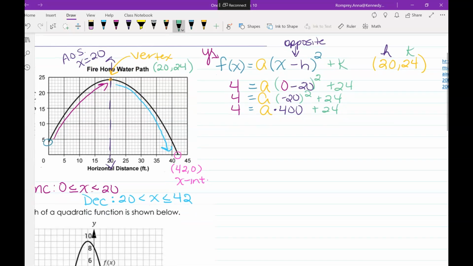Okay, so let's solve. Again, we're solving for a. So I need to isolate a times 400 and plus 24. So I'm going to kind of PEMDAS in reverse. So I'm going to subtract 24, cancel that out first. So 4 minus 24 gives us negative 20 equals a times 400.